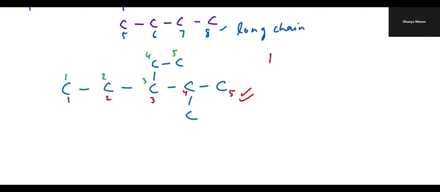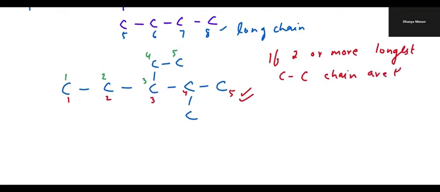If two or more longest carbon-carbon chains are there. So here there are two long carbon chains, right? And you have to select which one.